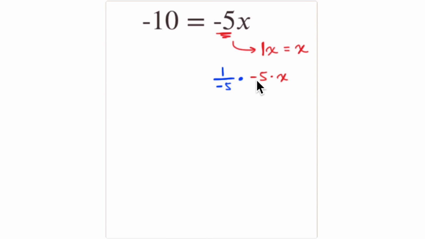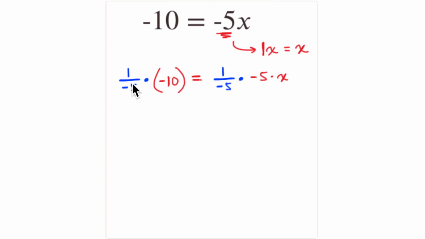Well, if you have negative 5, the multiplicative inverse of a negative 5 is 1 over a negative 5. So this is 1 over negative 5 times negative 5. So these negative 5s will cancel out. They will equal this 1x here, which then can be rewritten as x. On the left side, you have to do the same thing. 1 over negative 5 times negative 10.